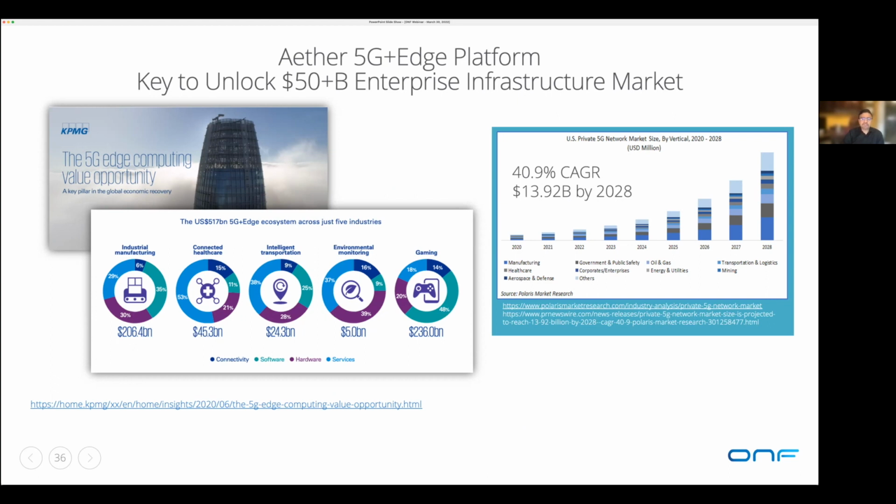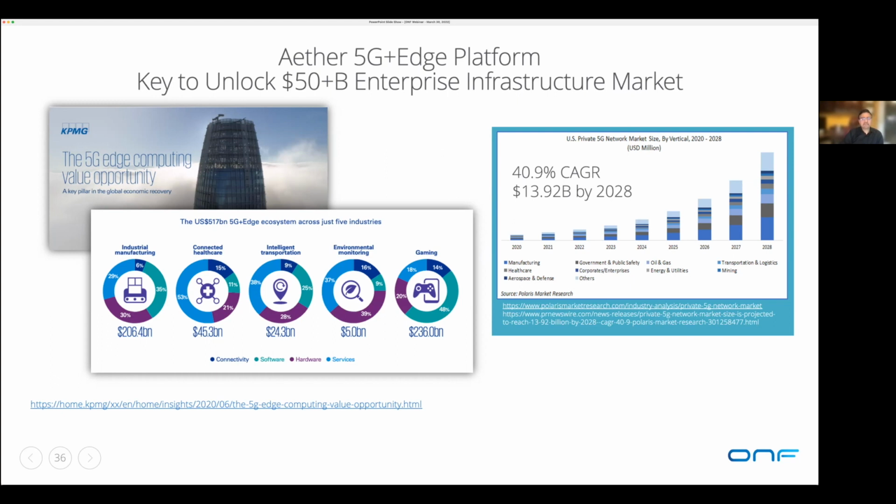This slide shows the analysis of KPMG and Polaris, two of the analysts I described, and it identifies the enterprise verticals like smart manufacturing, smart logistics, smart healthcare, facilities, and other logistical areas like oil and gas and airports, where the biggest opportunity lies in the near term.